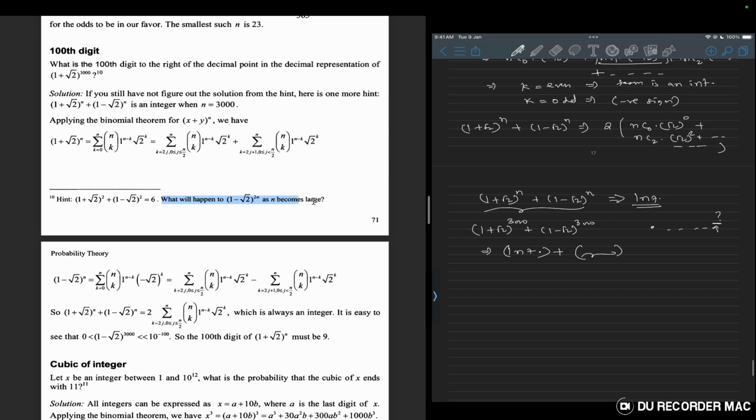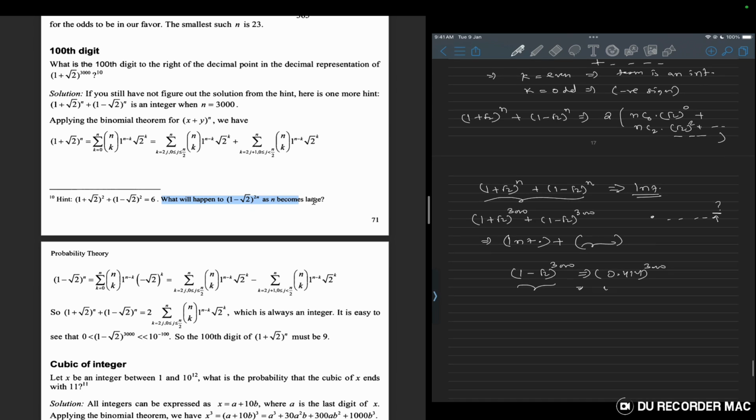Now, if you look at the number (1 - √2)^3000, what will it be? Root 2 is 1.414. Since the power is an even number, the minus will get cancelled out, so it will be around 0.414^3000.